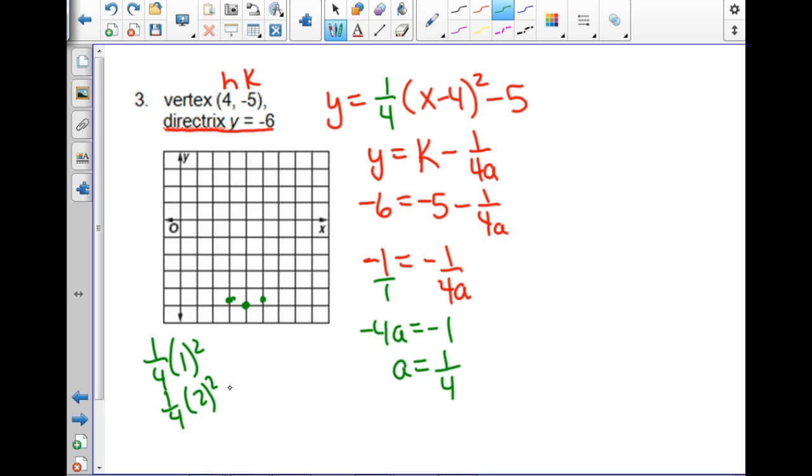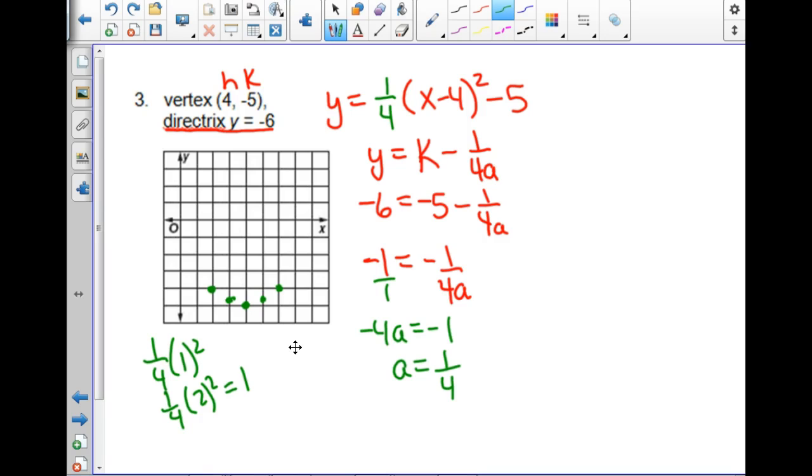Oh, that's not bad. That would be 1, so up 1, right 2, up 1, left 2, from the vertex. Isn't this a little easier than plugging numbers in? I'm hoping you're catching on to it.